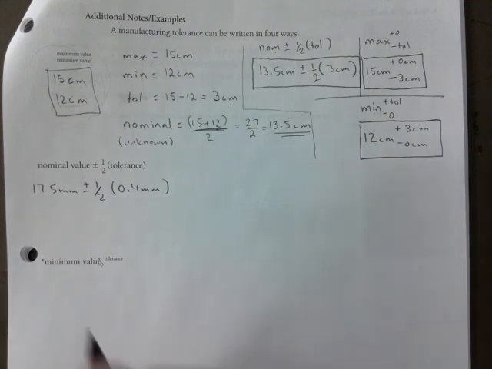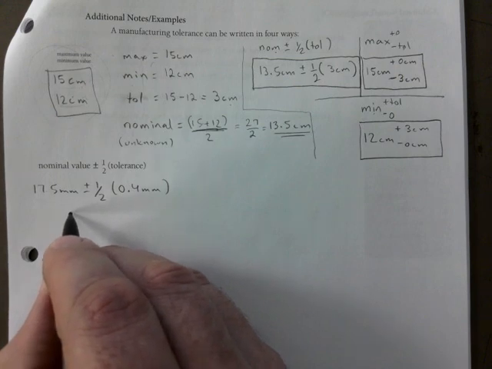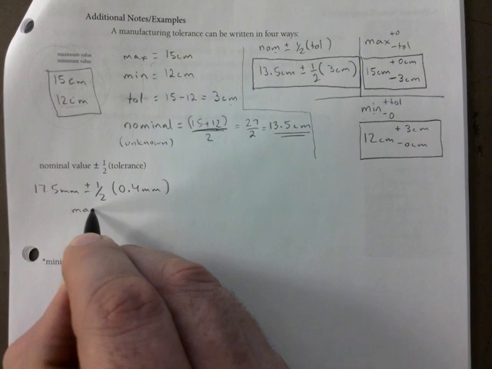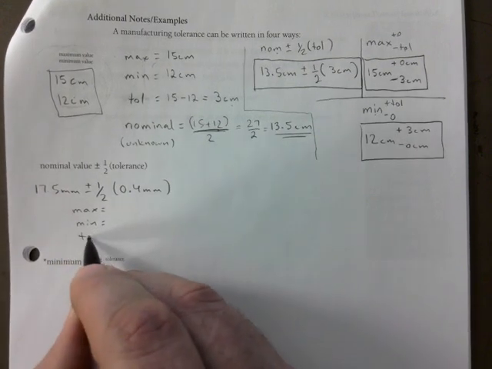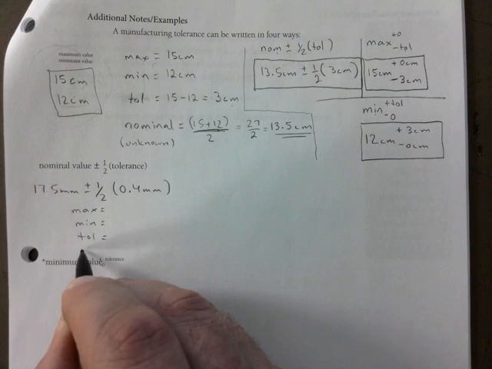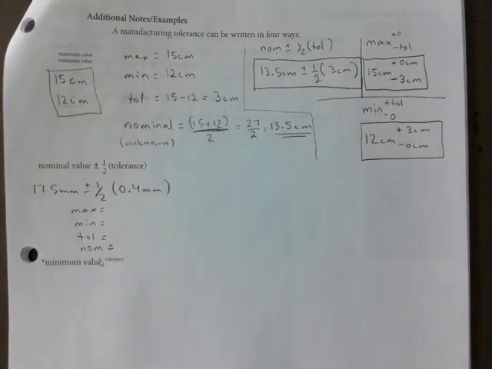Right? And you're like, no problem. I will figure that out just now. So I'm going to go max, min, tolerance, and what's the last one? Nominal. In any order you would like.